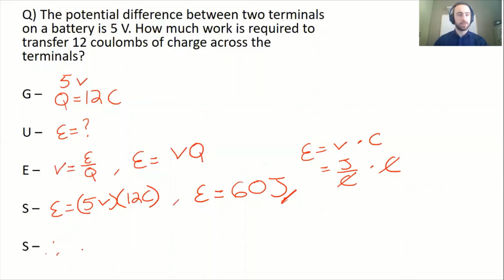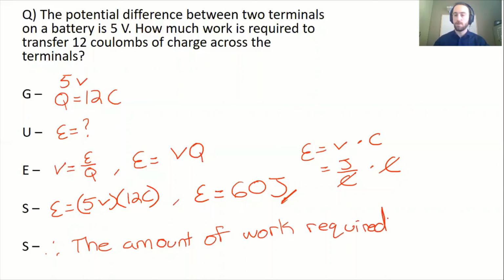And our therefore statement: therefore, the amount of work required is 60 joules. Great. We now know how to solve potential difference questions.